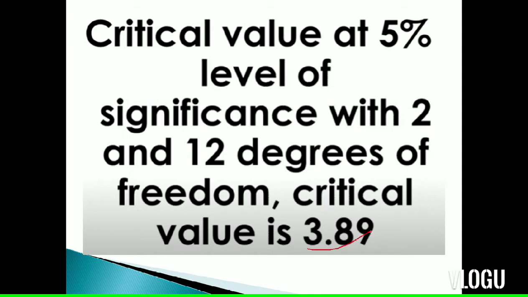Asa man yung 3.89 makita dito ni sa ato ang table gihapon. So let's proceed sa atong table. So as you can see, sakto ang atong sa atong table 3.89.